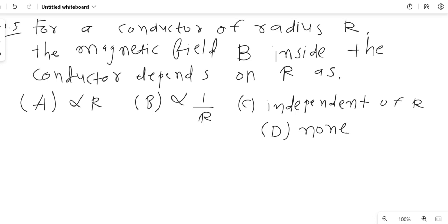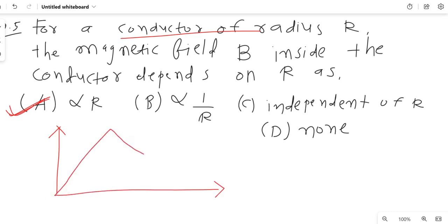it states that for a conductor of radius R, the magnetic field B inside the conductor depends on R as proportional to R. You may remember this graph from class 12, magnetic field versus distance R. Suppose your radius is A. At R equal to A, your magnetic field is maximum, and for R less than A, in this portion, your magnetic field is proportional to distance.